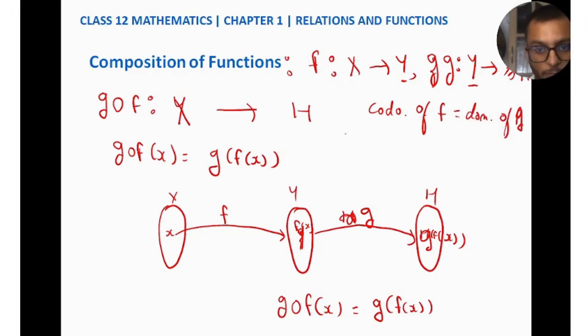Similarly, if you want to define f of g, what should you have? The codomain of g should be equal to the domain of f. Like g of f, we can also define f of g, but the condition is that the codomain of g should be the same as the domain of f.